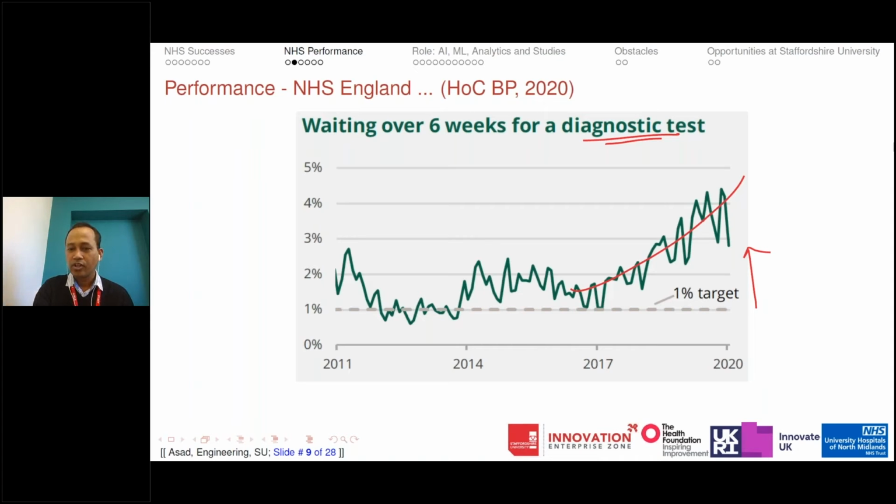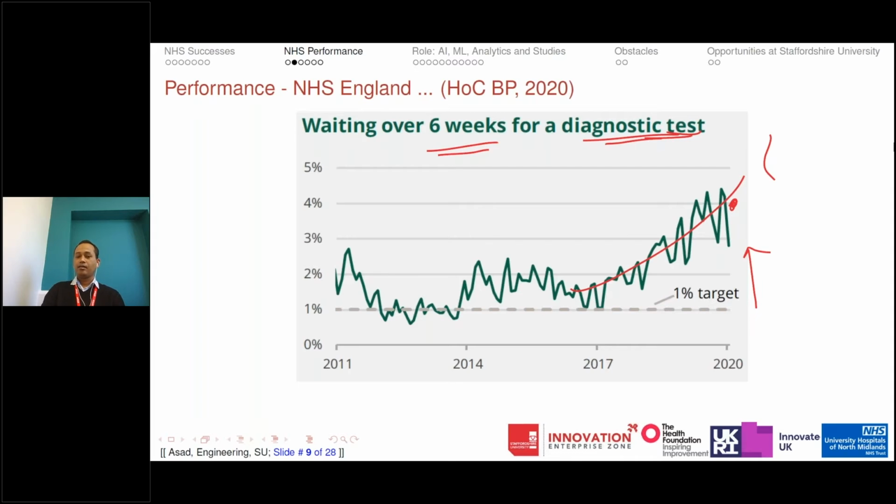For the diagnostic test, the target is that 99% of patients should be able to have their diagnostic test within 6 weeks. Whereas we are somewhere here, so 30% higher.